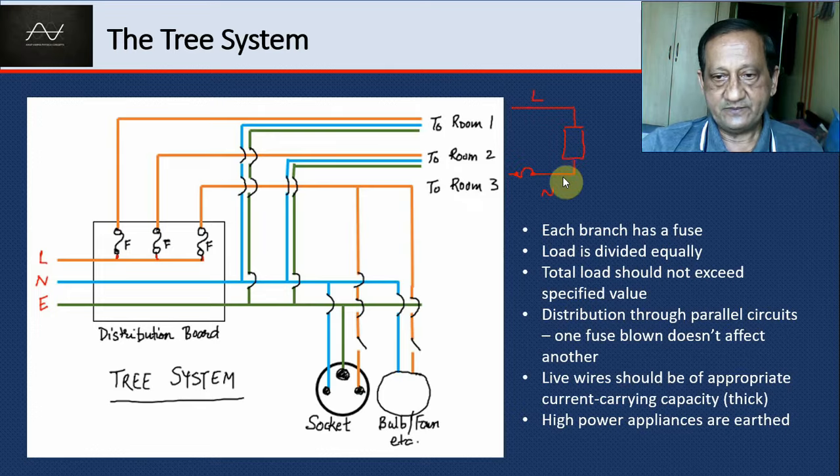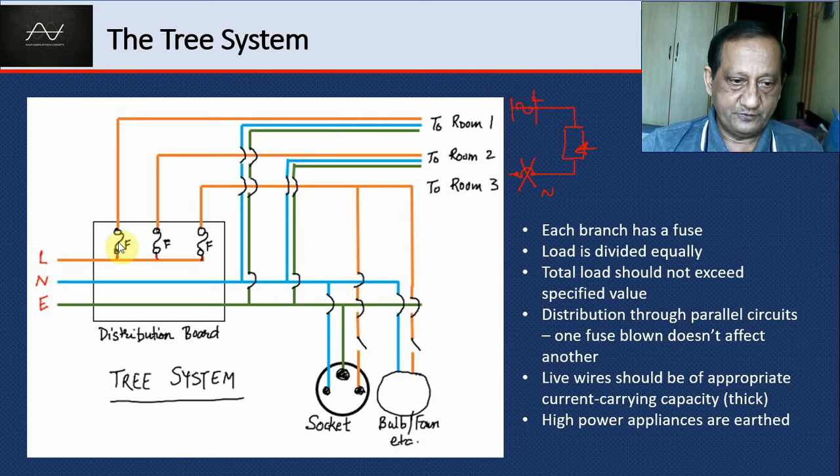Suppose due to some problem, the current drawn is very high and you're operating this appliance, the fuse will blow later and you are still touching it. The fuse should be here so that the supply is cut off right at the live part. So fuse is always connected at the live part and then it goes to room 1, room 2, room 3, just to balance. So all these wires are taken.